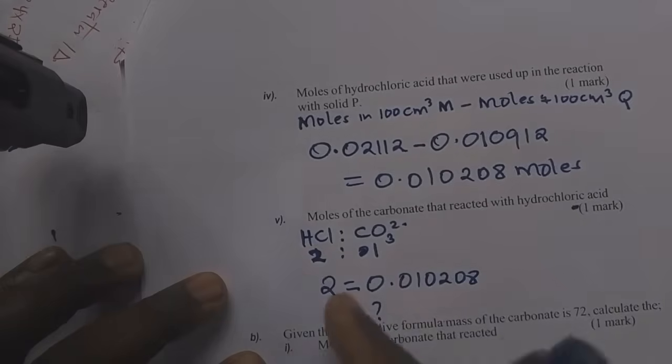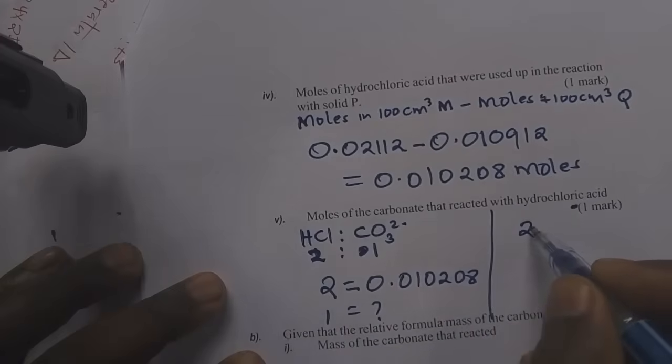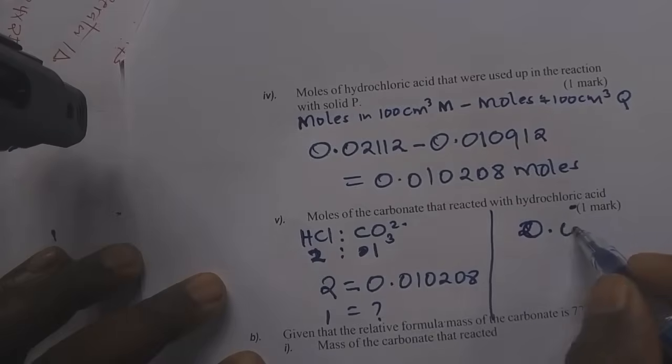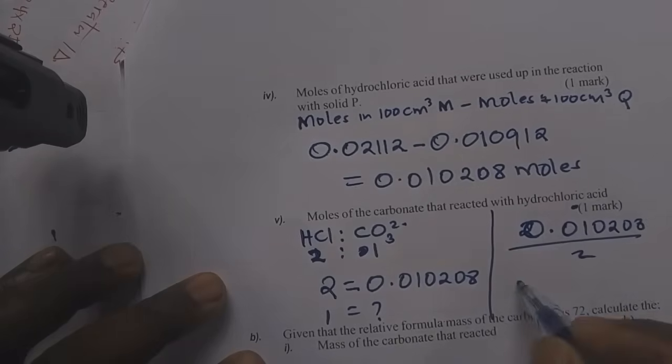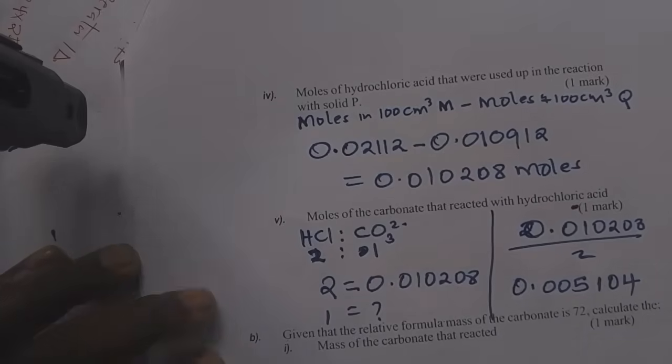What about 1? So it is 1 times this divided by 2, that is a half. And the moles of the carbonate is 0.005104. That is the moles of the carbonate.